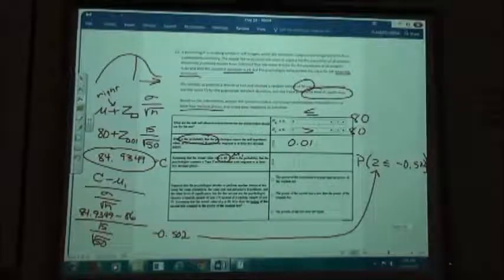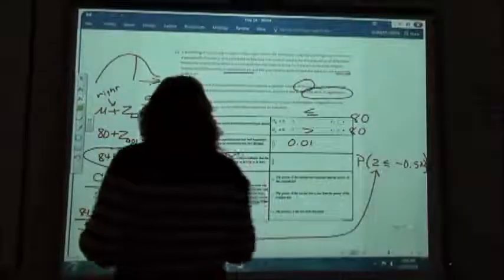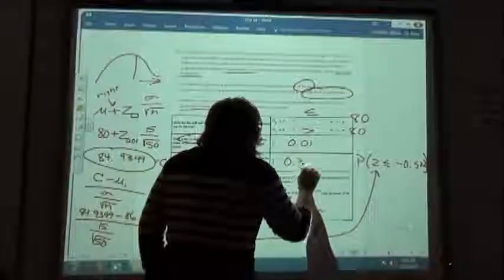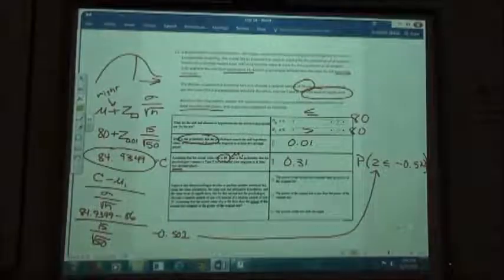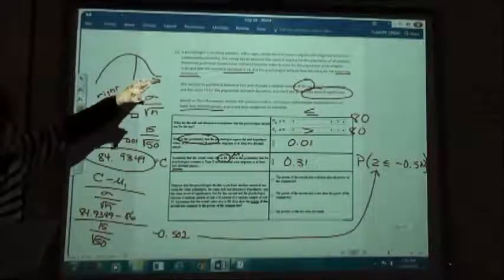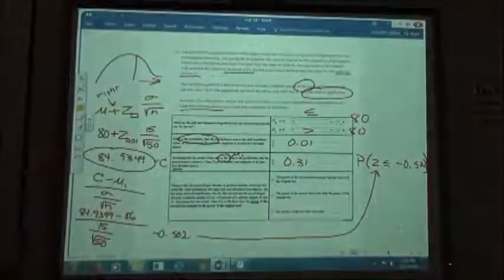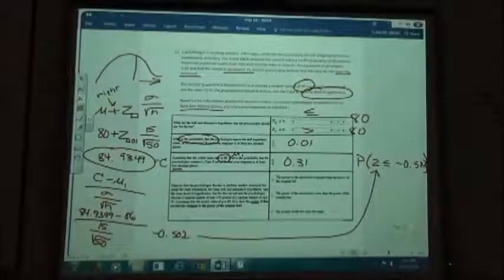Do P of Z is less than or equal to negative 0.502 equals. And this we are rounding off to 2 decimal places. To 2 decimal places we get 0.31. Now on this one, even though we were testing to the right, because this was negative, it was doing to the left, and the numbers should end up matching like when we did the 2-tailed test. That's why we didn't have to do the 1 minus on that one, because of the negative.